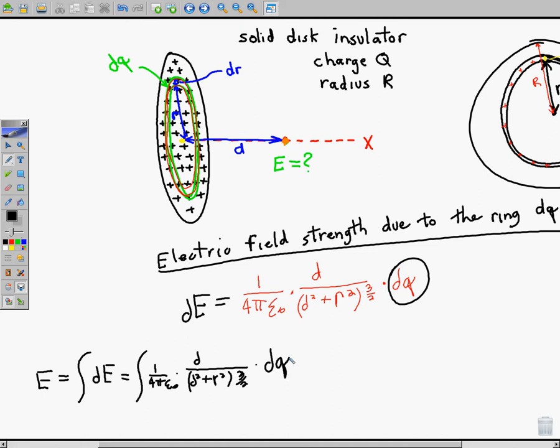And if I was going to do that integral, what would be my boundary conditions? Say it again. 0 to the whole cube. Bravo.